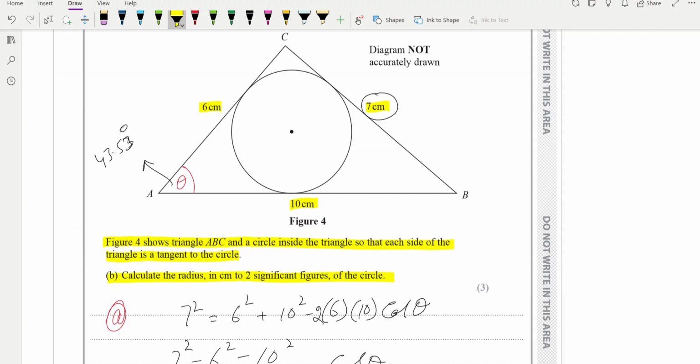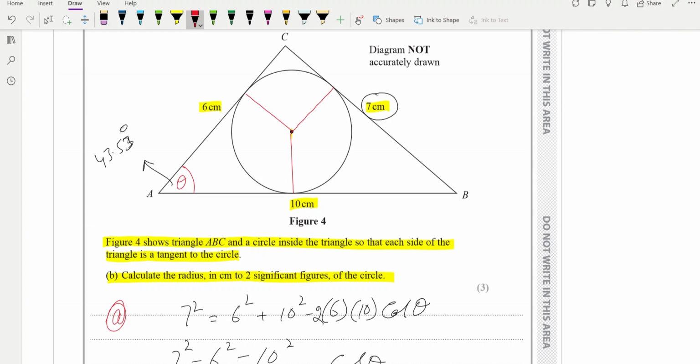So now what we will do, we can draw basically the radius, and if we draw the radius, so one radius will be this one, second radius will be this one, and third radius will be like this one.